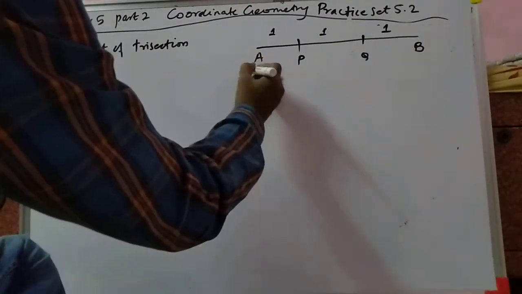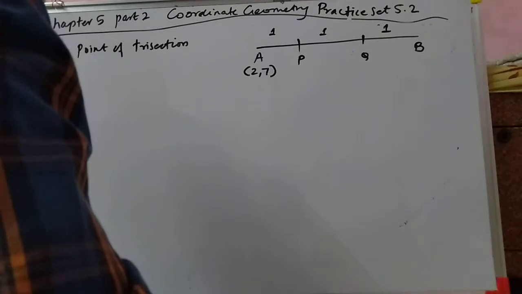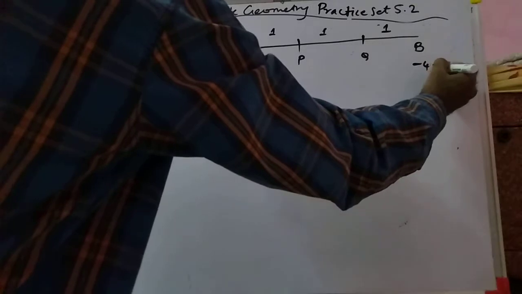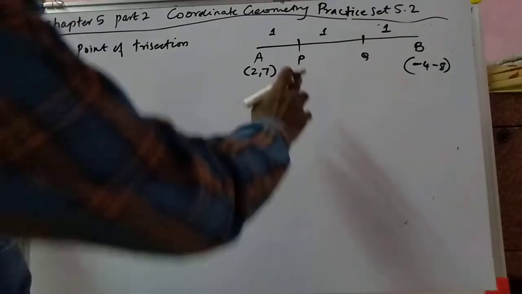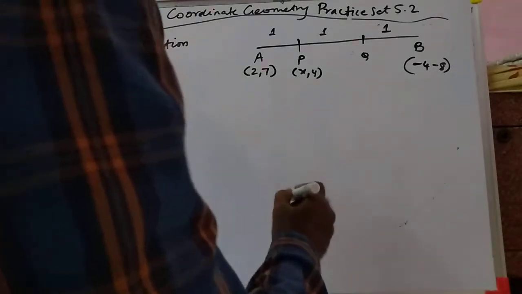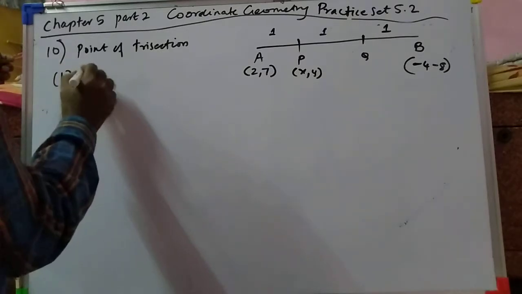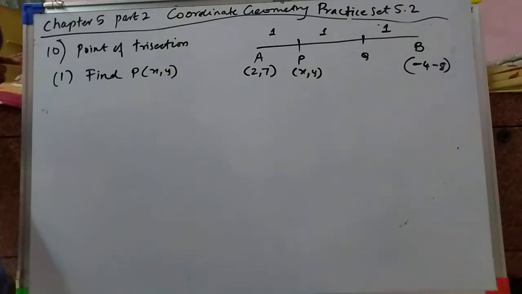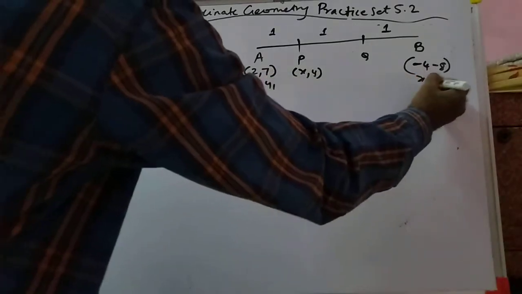Now that given A, how much? B is... Let us first find point P. Take it as X and Y, and take the points as X1, Y1, X2, Y2.